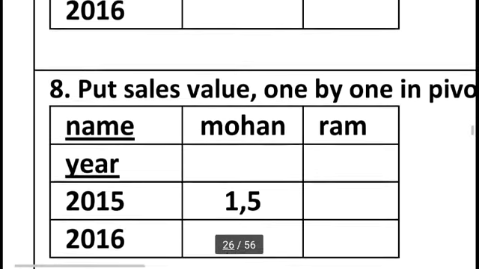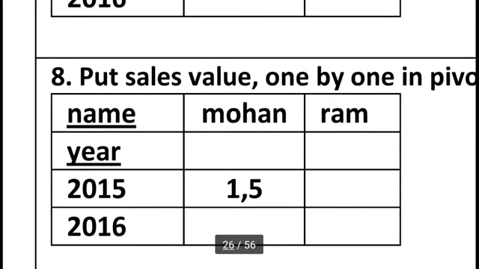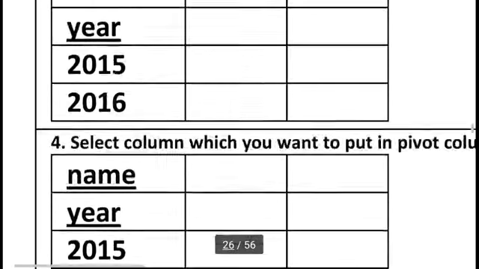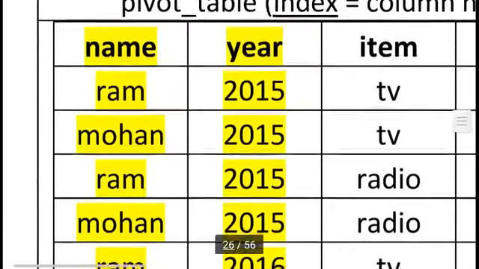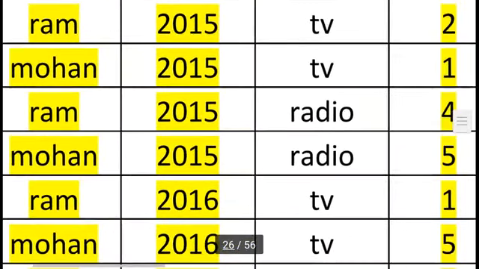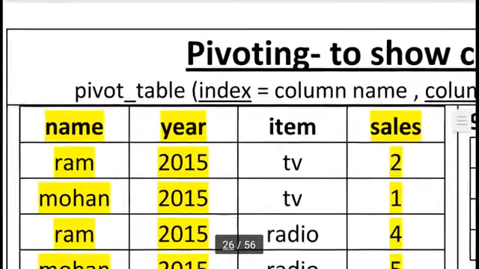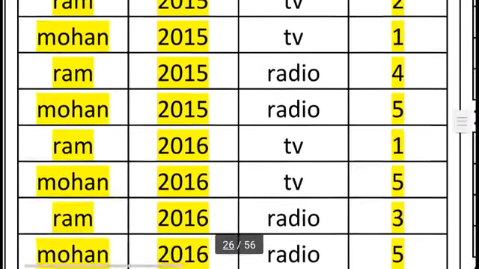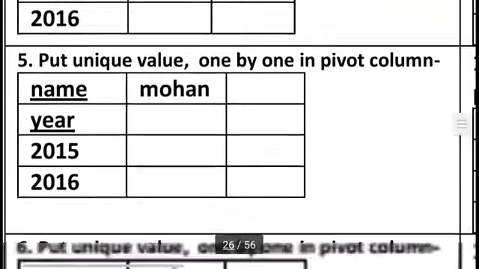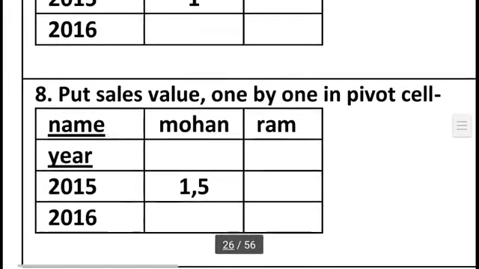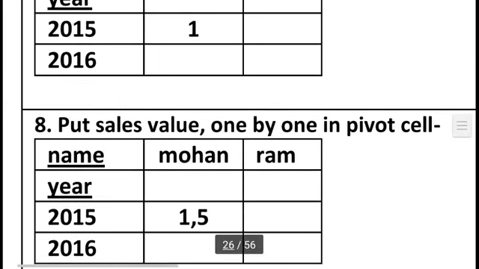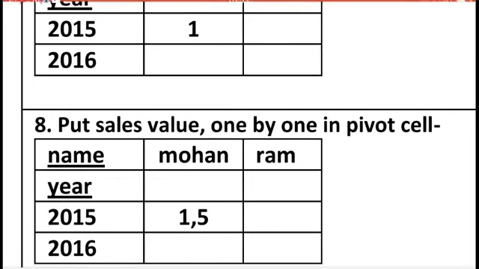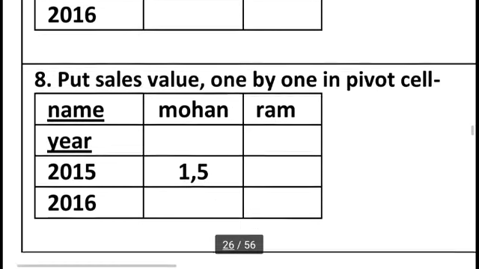Again in 2015 Mohan's sales value is 5. So you can see in the above table, Mohan in 2015, the last sale is 5. So here I am capturing the sales data one by one, because in the pivot cell we always use a numerical column. So I am writing 1,5.